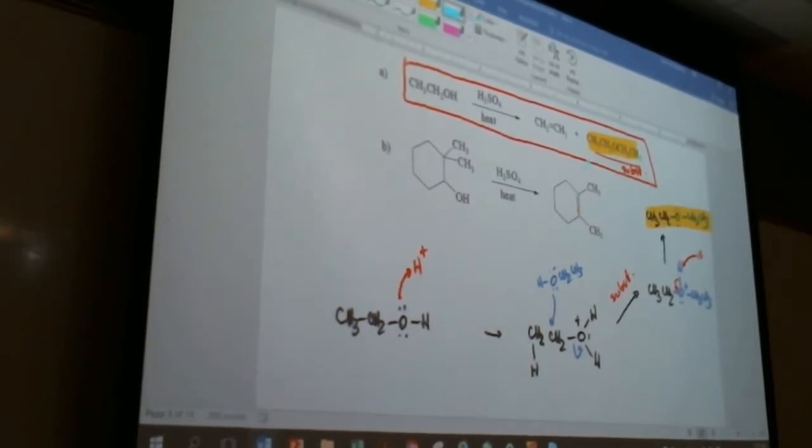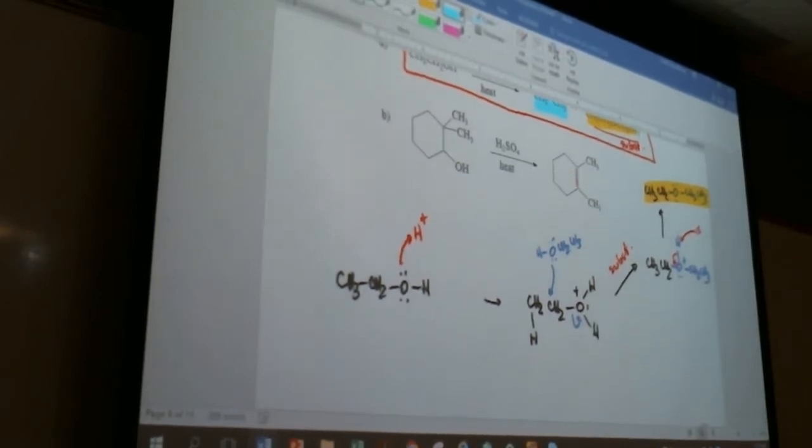Then my other product is an elimination product. That solvent, that ethanol, could also come in here and abstract this hydrogen, put electrons here, and this gets to leave. So now I have a CH2 double bond CH2, right? And I've protonated this and whatnot.